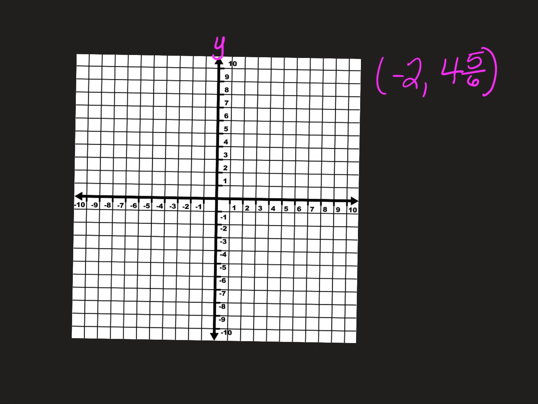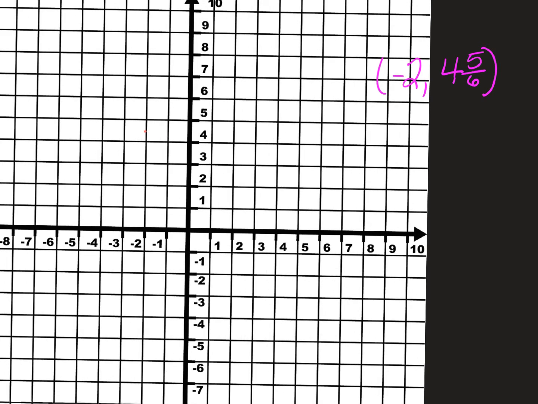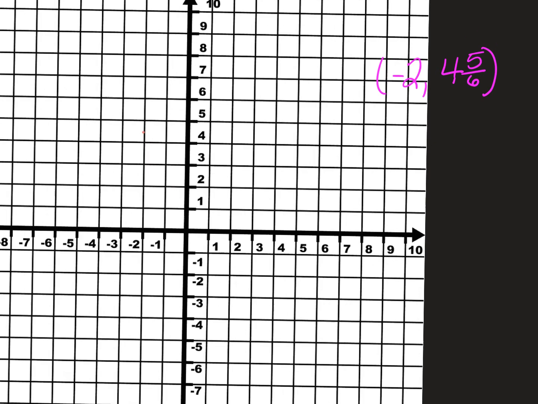Okay? If you zoom in on that, I can't really see it. Actually, I'm wrong. It should go right 4 and... So I'm going over to -2 and up to 4, almost 5, about right here. Okay? Just so you know, with a fraction, it's a little more than 4.5, right?